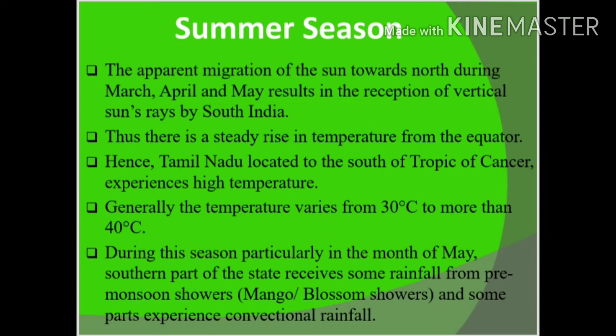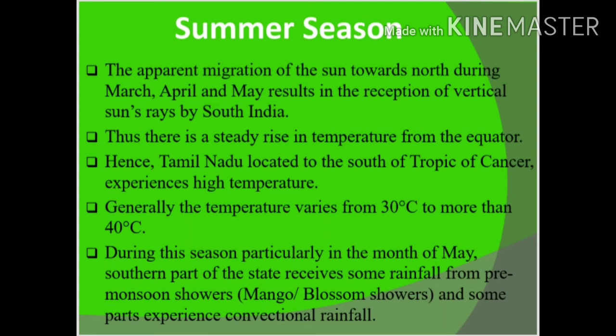So this season is otherwise called mango showers or blossom showers. In some parts of Tamil Nadu, we also get convectional rainfall during the summer season. Convectional rainfall means a little rainfall daily in some parts of our Tamil Nadu.